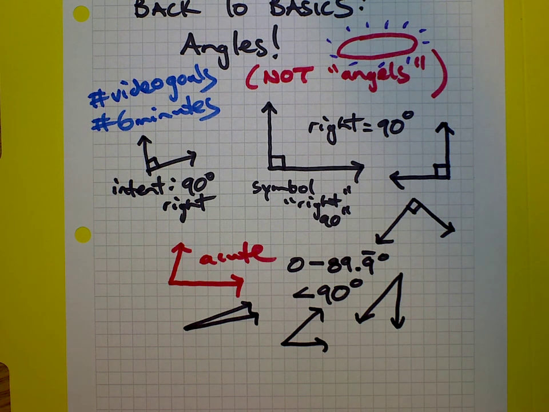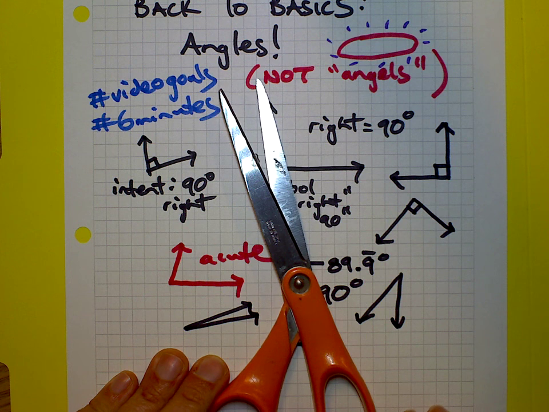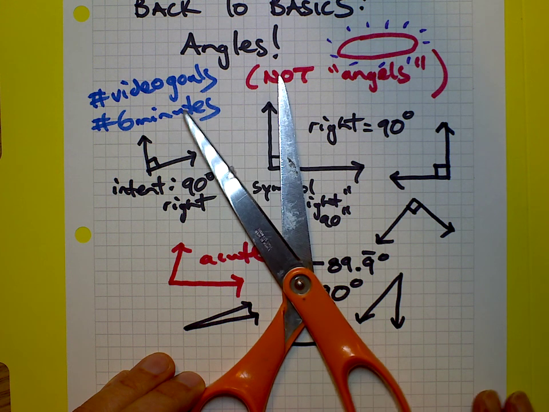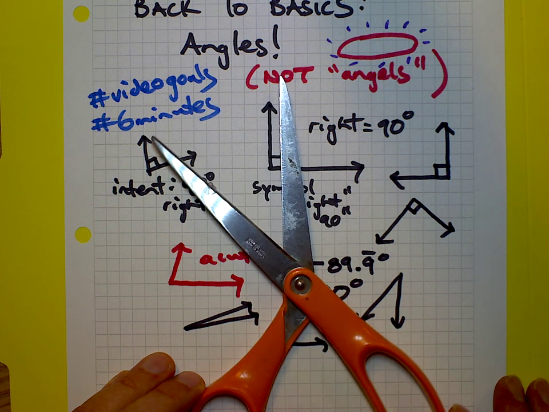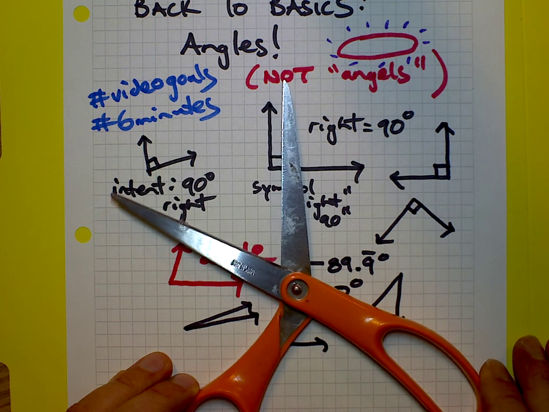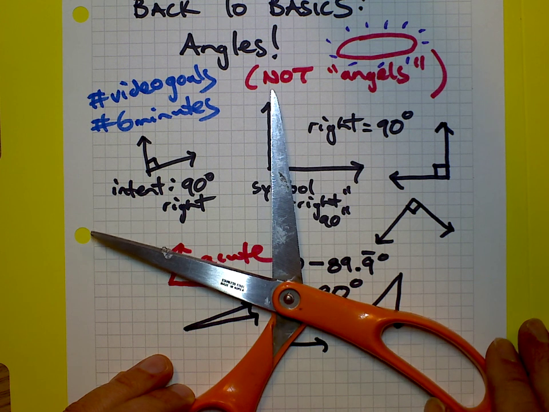What do you think I'm going to cover next? I'm going to use my scissors for this one to remind me I need to stop this video pretty soon. What kind of angle is this? Right. Now what is it? Good.